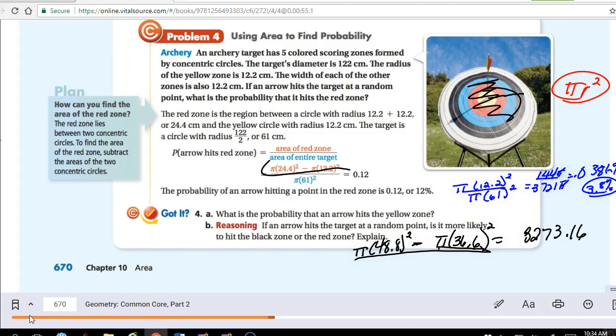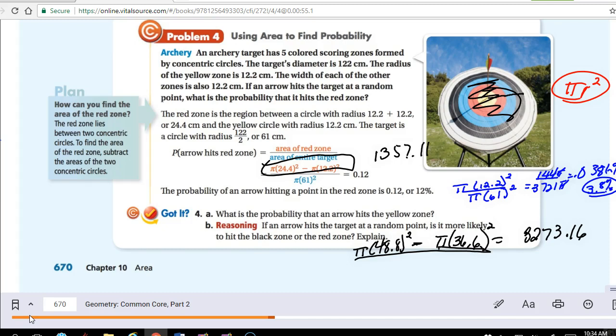And the one that was already done for the red came out to be roughly 1,357.11 or something like that.